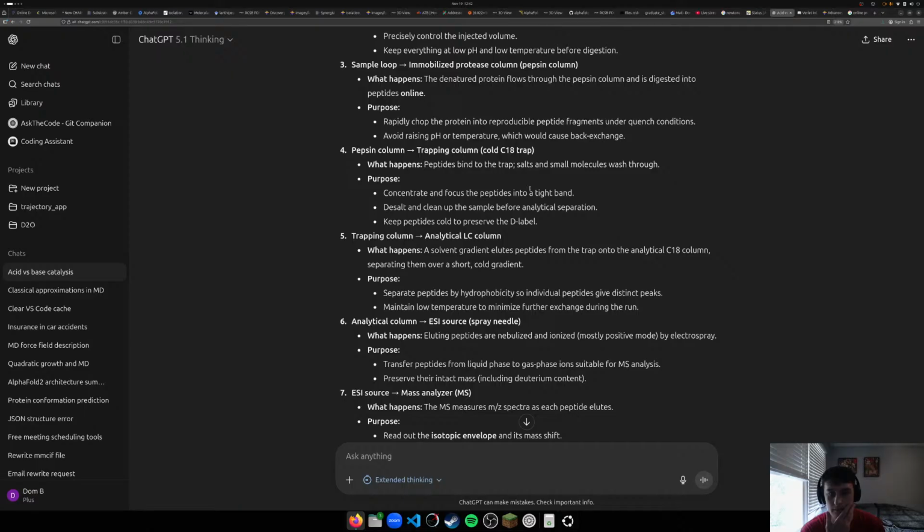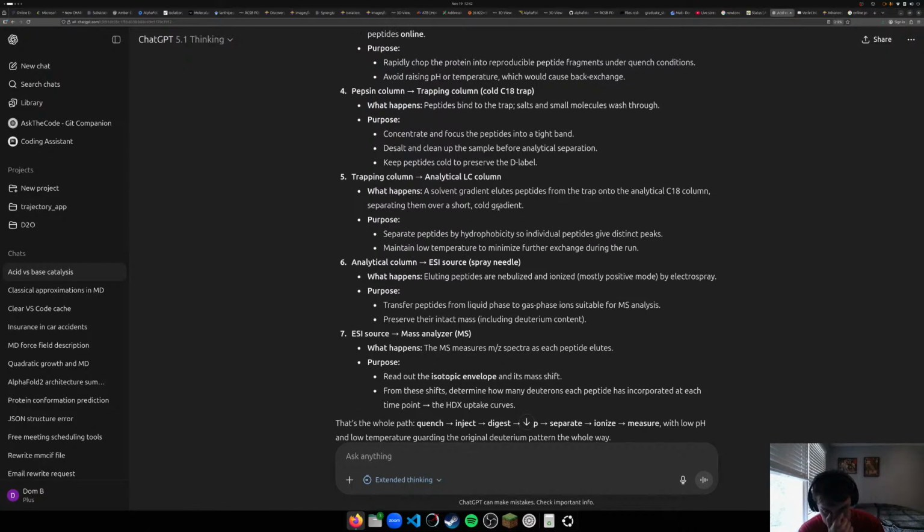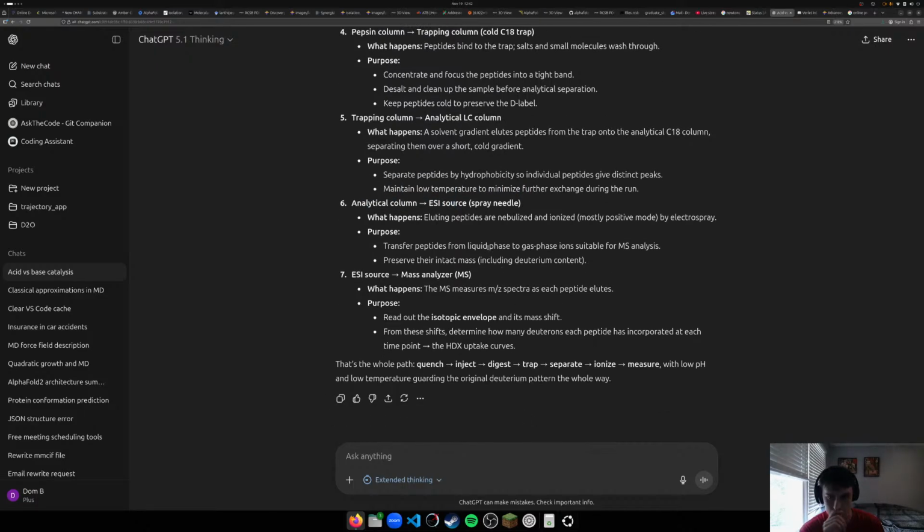So the trapping column and the analytical LC column are both C18.